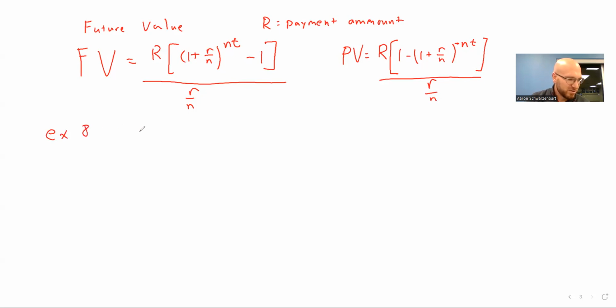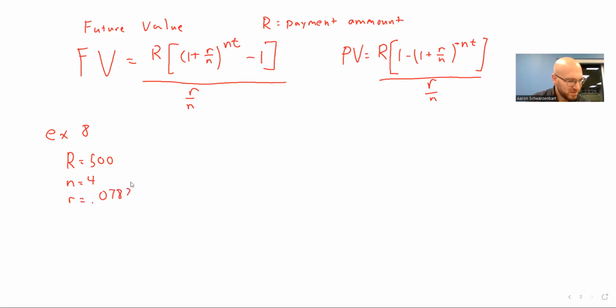At the end of each quarter, Emily makes a $500 payment into a mutual fund. If her investment pays 7.88%, I'm going to start by writing down what I know: $500 each quarter, and little r is 0.0788.